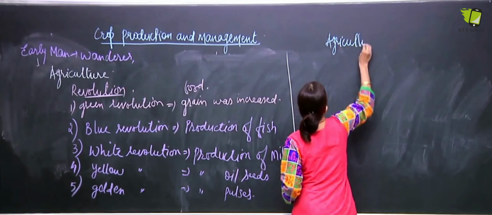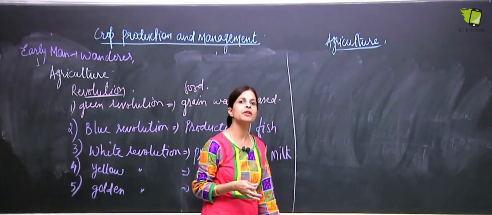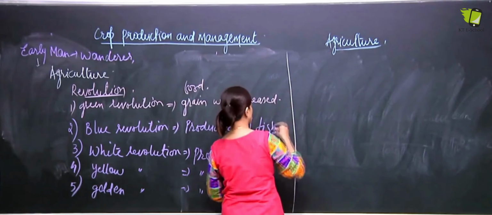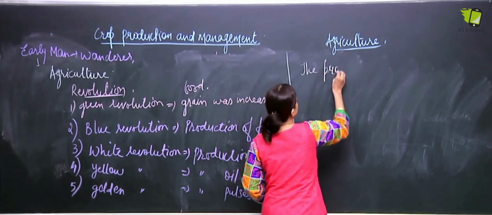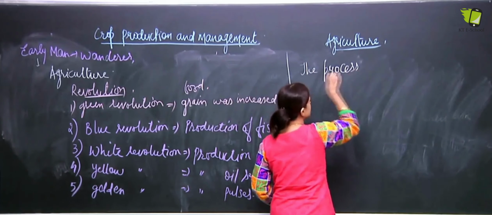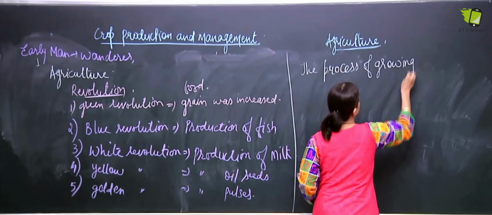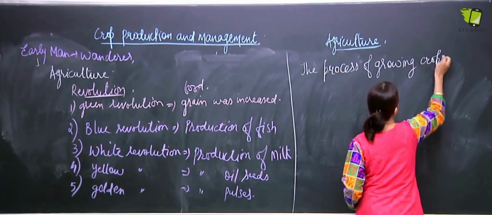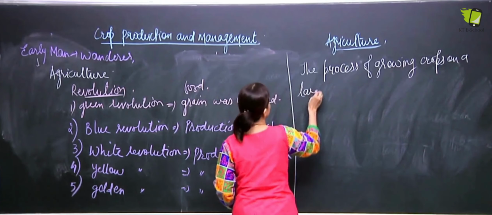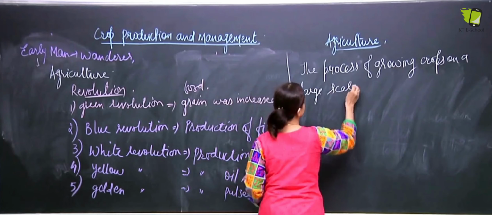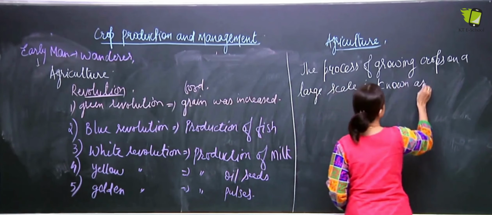Now, what is the meaning of agriculture? How can we define the agriculture? So, what is agriculture? The process of growing crops on a large scale is known as agriculture.